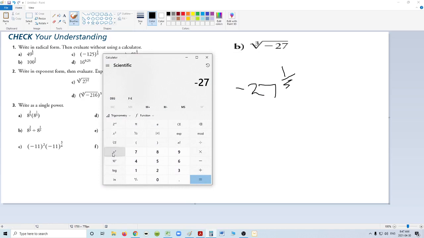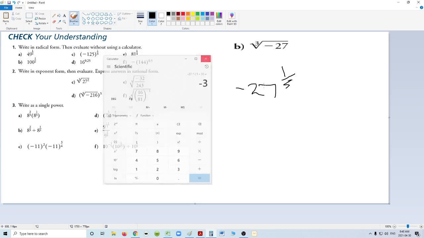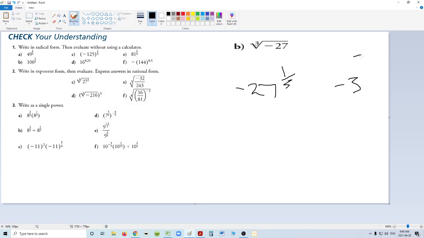Then you put X to the Y. Then you've got to open your brackets, otherwise it's going to apply the exponent of 1 before it gets divided by 3. And you take 1 divided by 3, close your bracket, and hit equals. And you'll get -3, which means -3, when it's to the cube exponent, would give you -27. So there's your answer. Next.